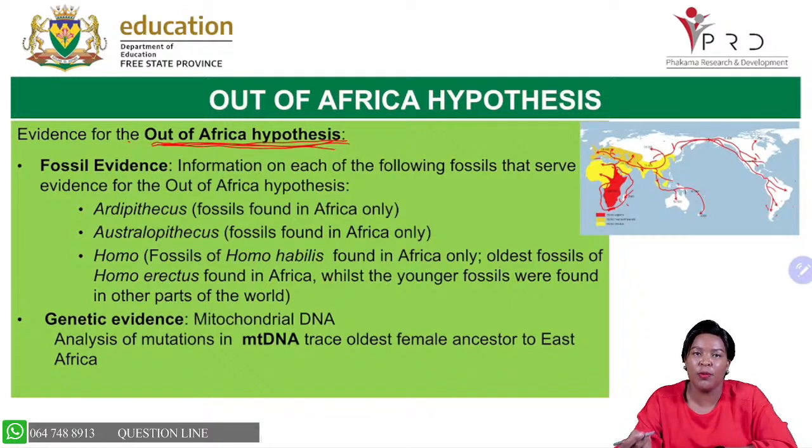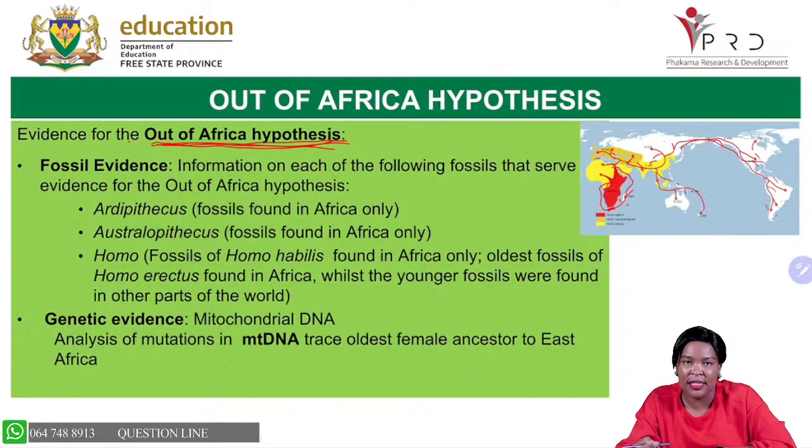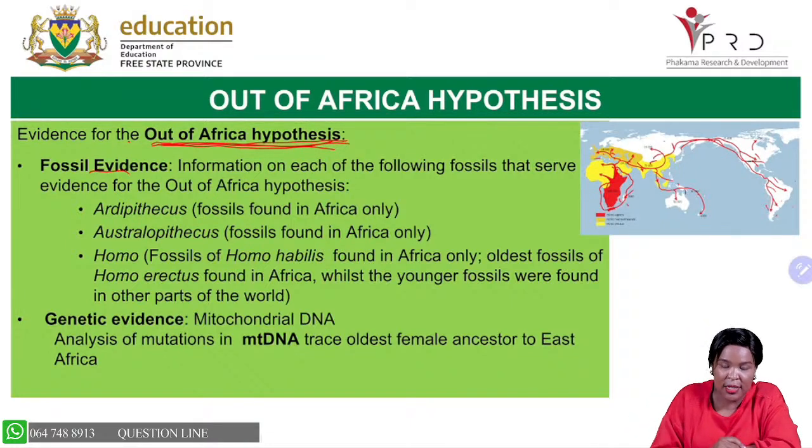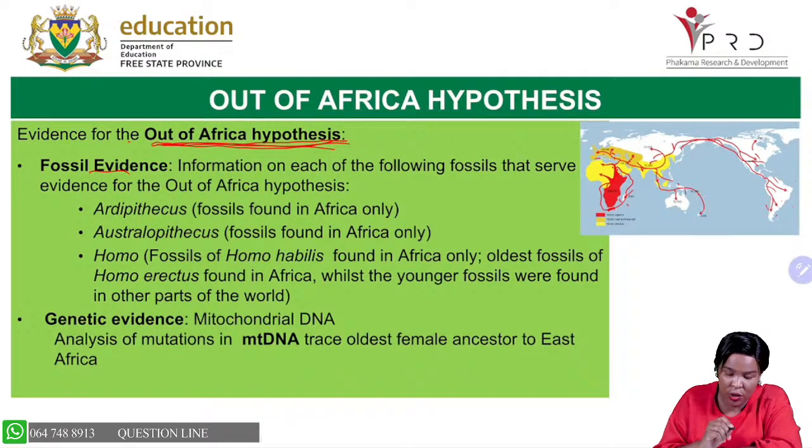But you need to be able to mention what evidence is there to support the out of Africa hypothesis. Fossil evidence was there to support this theory. What fossil evidence was there? It showed that Ardipithecus fossils were found in Africa only.